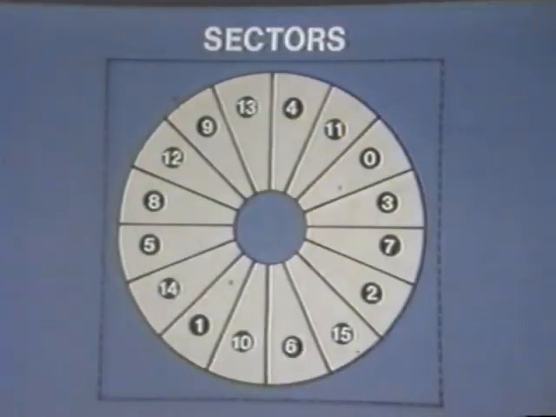The diskette is further divided into pie-shaped wedges known as sectors. Typically, diskettes are divided into from 9 to 18 sectors. Each sector of each track will hold 256 bytes of information. Thus, a diskette with 40 tracks and 18 sectors can hold approximately 185,000 bytes of data.